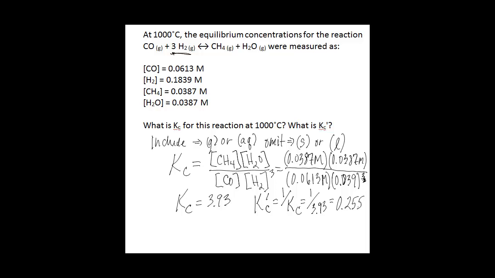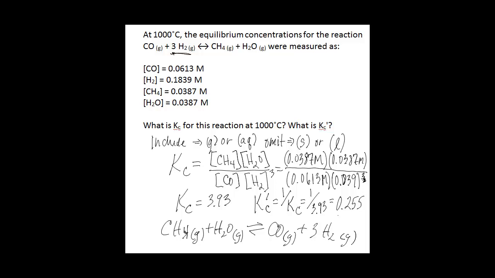So why would you want to find a Kc prime value? It basically tells you what the equilibrium constant would be if you wrote the reaction backwards. So in this case, if we made the products the reactants and the reactants the products, we'd end up with this reaction. We'd have methane gas, CH4, as a reactant plus water as the other reactant, going to carbon monoxide gas as a product, and hydrogen gas also as a product.